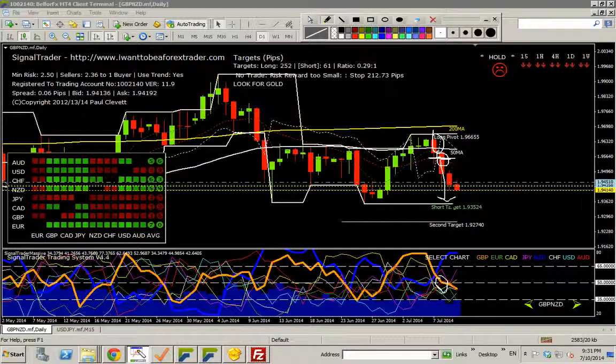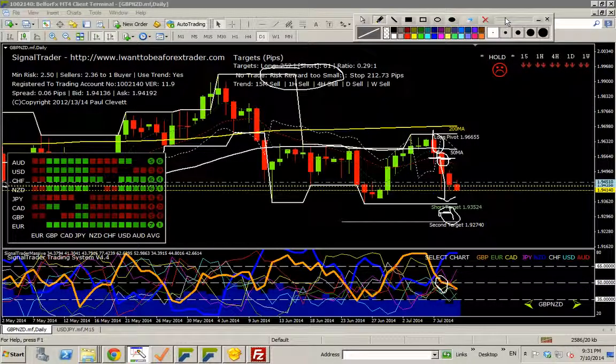If the pair broke through the target, then we go for the second target, which is tiny. Probably Strobot wouldn't take that, because the risk reward, which it calculates up here based on the stop it thinks it needs, is too small. It uses average true range weighted with a moving average to calculate its stops. So it won't take that trade.